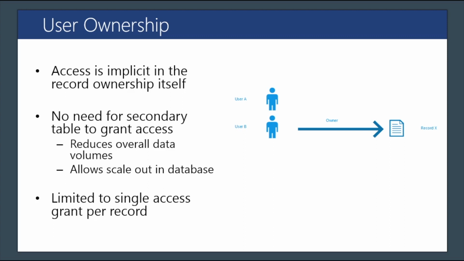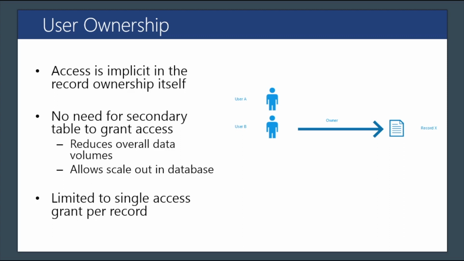So there's not a secondary check that needs to take place, as there are with some of the other models we'll look at, such as sharing, to determine the access to the various records that the user has. So this helps reduce overall data volumes. It's scalable. However, the ownership is limited to a single access grant per record.